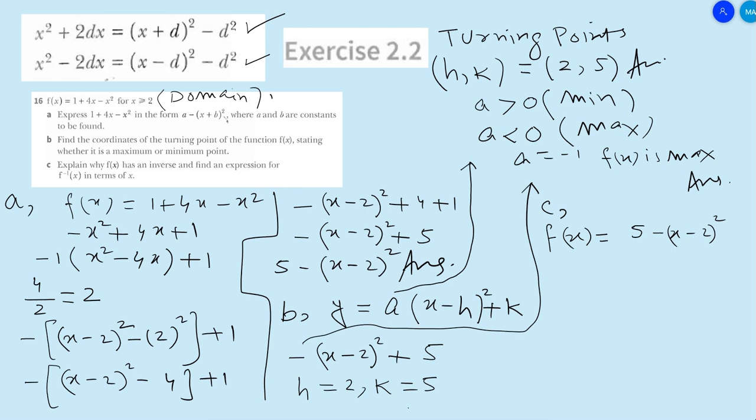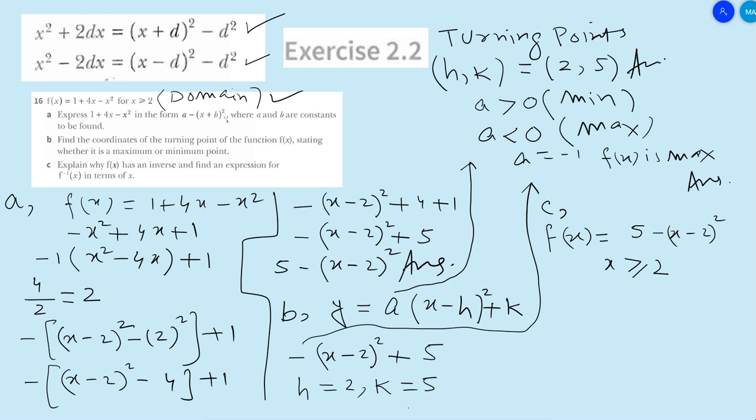And in the question, the domain is given x is greater than or equals to 2. It means we cannot take the value of x which is below 2. So obviously, because there is the restriction, the value of x is always greater than or equals to 2.